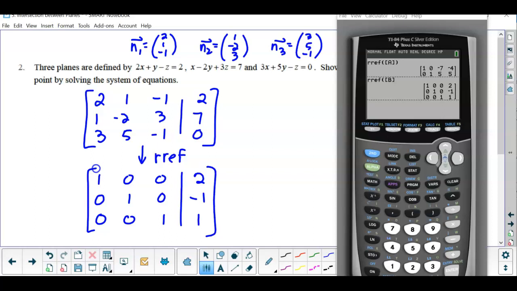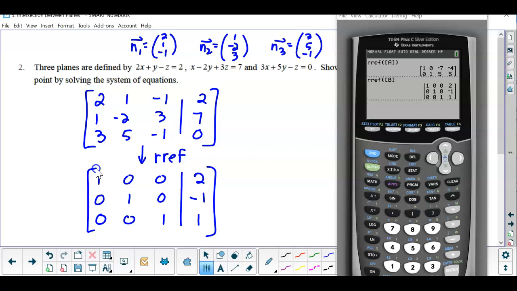Right, so anytime you get 3 by 3 on the left of the equal sign, with a diagonal of 1s and 0s everywhere else, okay, you know you're going to have a point of intersection. If you had 0s here and a number, then you wouldn't have any points of intersection.